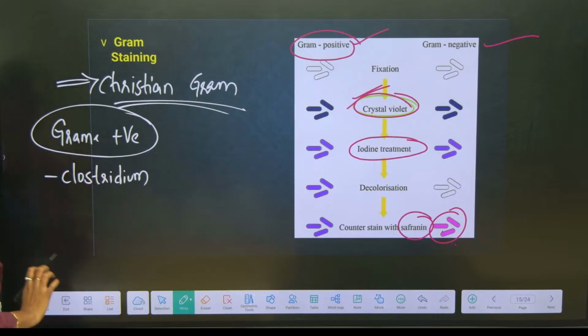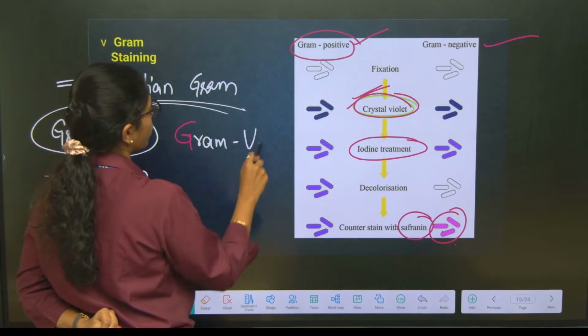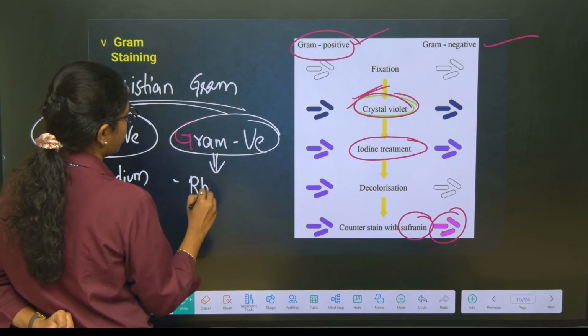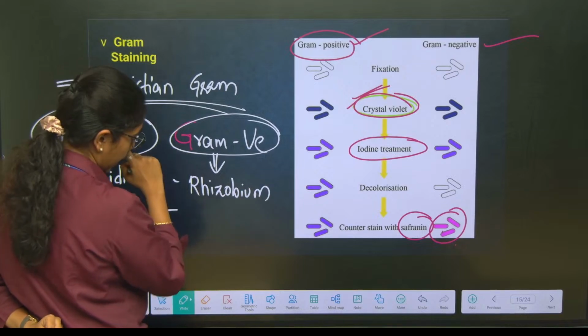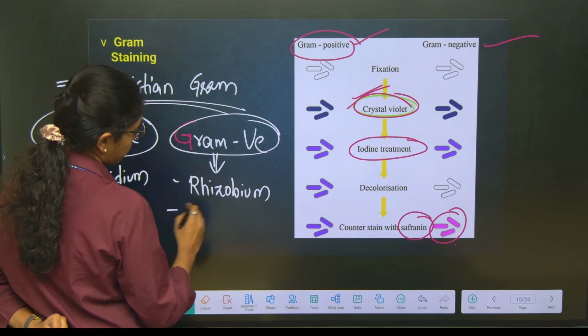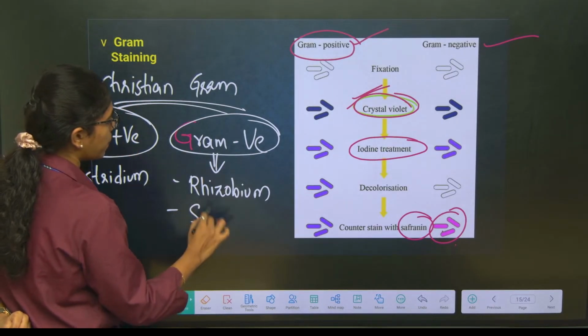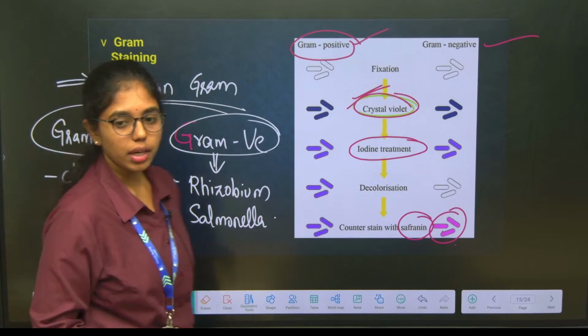Bacillus comes under gram-negative. Clostridium you take as of now. Gram-negative includes Rhizobium, and most of the infectious bacteria like Salmonella typhi, all this comes under what? Gram-negative.